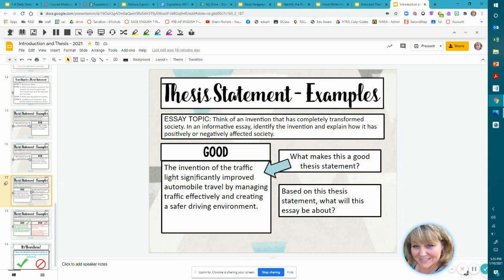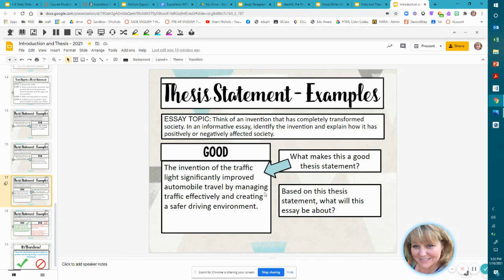Here's a better one. The invention of the traffic light significantly improved automobile travel by managing traffic effectively and creating a safer driving environment. So now you have given your very specific topic, and based on this thesis statement, we know that the essay will be about how the traffic light improved automobile travel, and it gave reasons why.